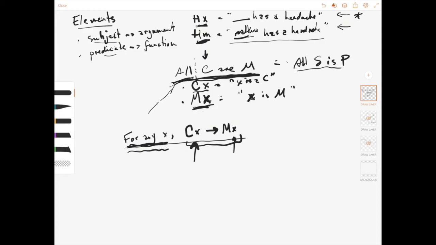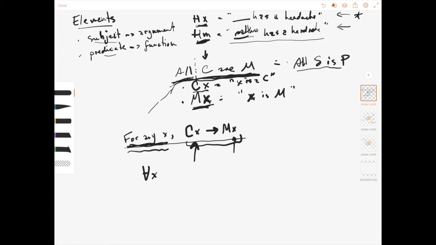And I'm going to use a very traditional form of notation, goes way back, and basically it uses an upside down A to stand for the universal quantifier. So the upside down A basically means for any x. Now, it doesn't have to be x, it can be any variable, for any y, for any z, for any whatever. But we're going to use x.